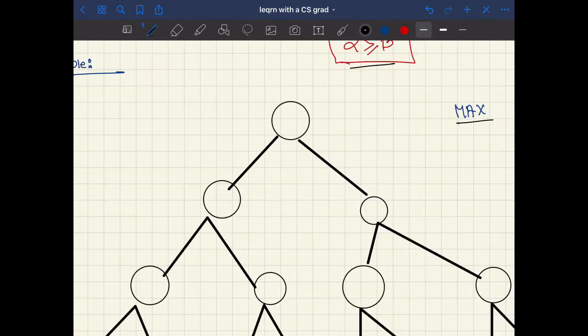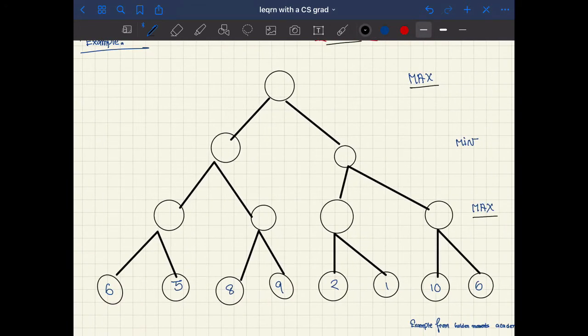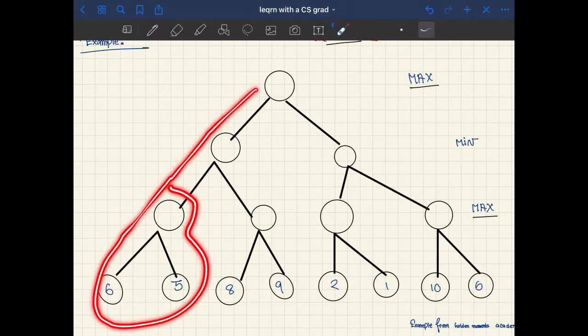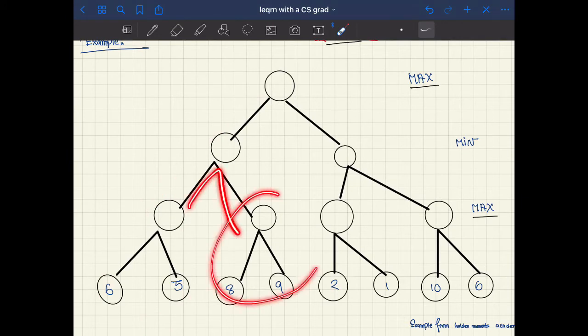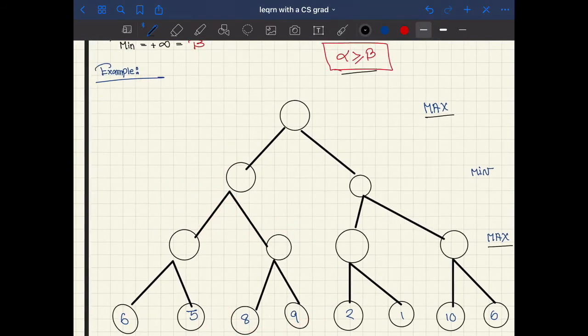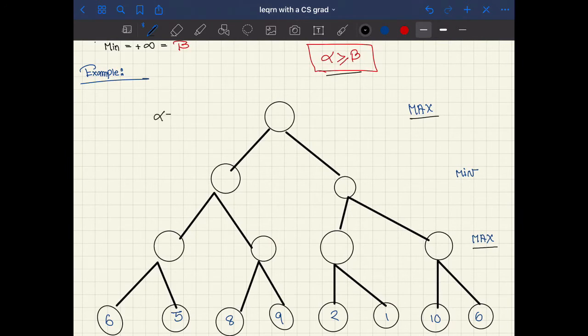One thing you have to remember in alpha beta pruning is that it follows the DFS procedure in terms of looking for values. So we look into this leaf node, then go to look into this, and so on. Alpha is, as I said, negative infinity, and beta is positive infinity, and the values of alpha and beta flow down to the children.